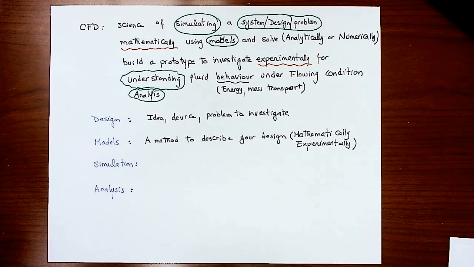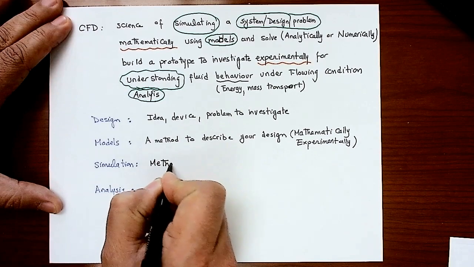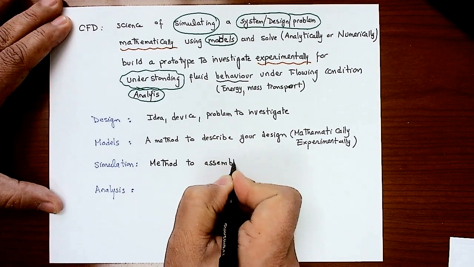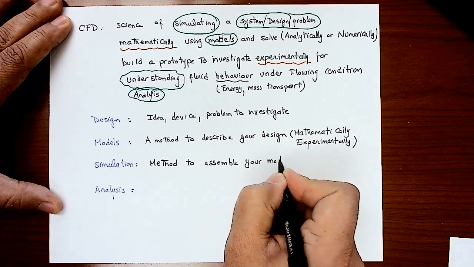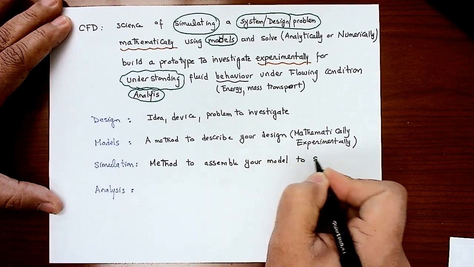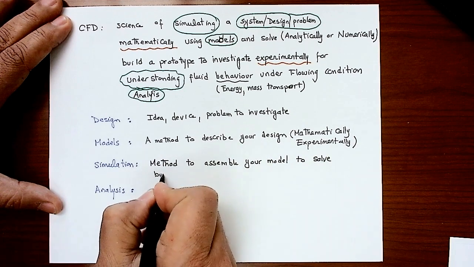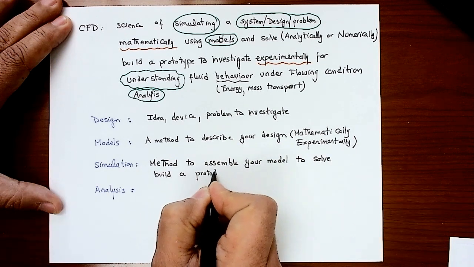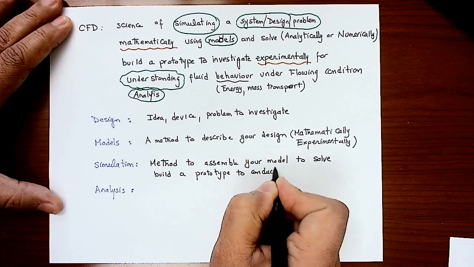But again, we're going to simulate that. So how are we going to simulate that? What we do in the simulation is to find a method to assemble your models to solve this if we are following the mathematical one, or build a prototype to conduct experiments.